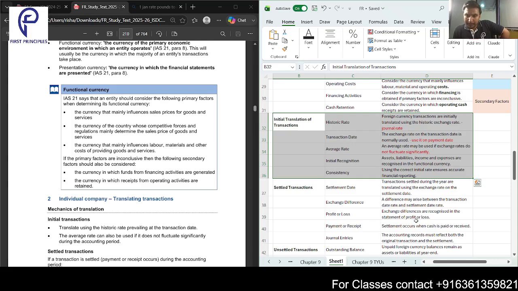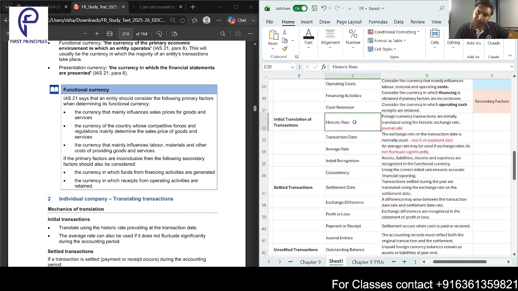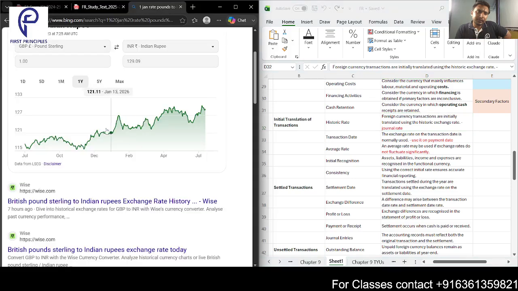It's the historic rate. Initial rate, historic rate, same. Date of transaction. I told you, right? Me and Mukund, I purchased from him on 1st January.